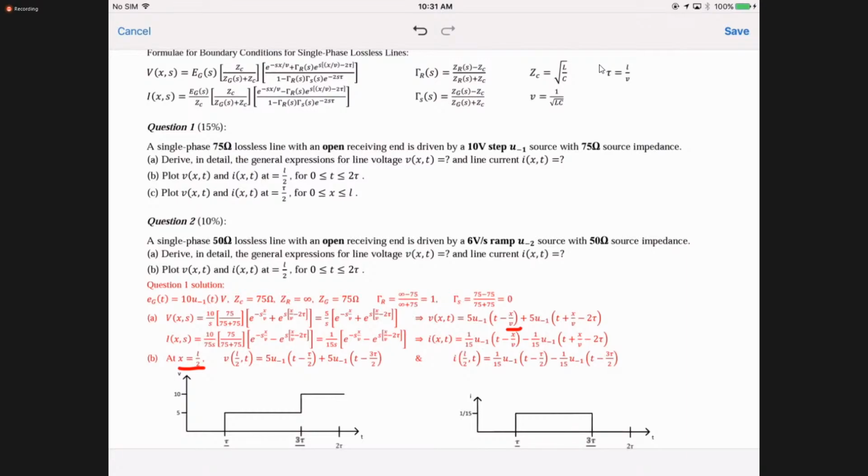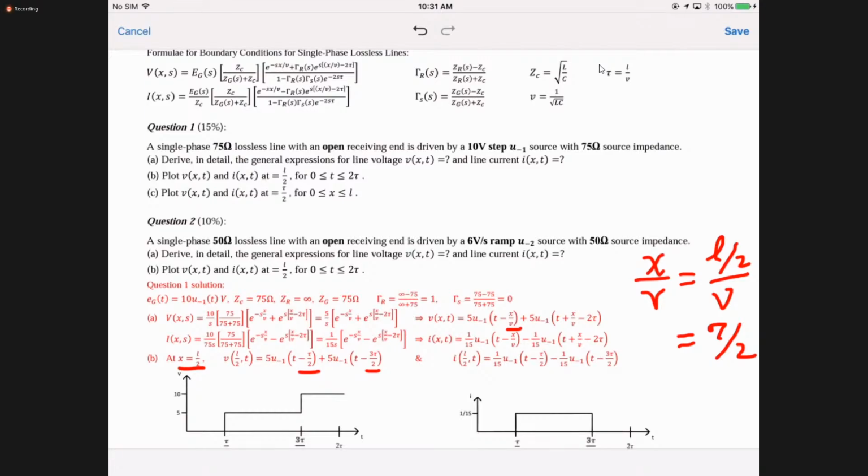So this is x divided by the velocity, and x is L divided by 2 over velocity, and L divided by velocity is tau, so tau divided by 2. That means the delay is tau divided by 2, and for this one, 3 tau divided by 2.